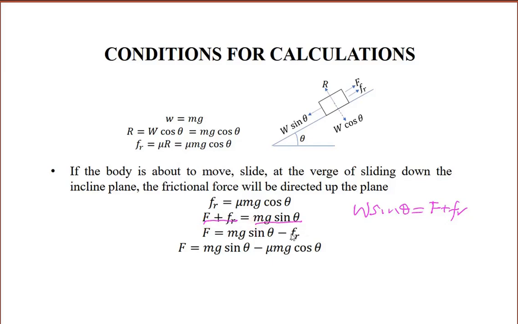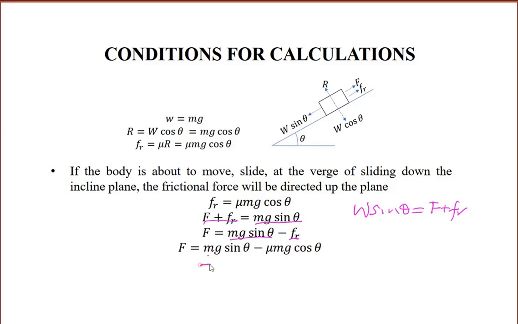Mg sine theta. Now, if we make the force applied the subject of the formula, we will have Mg sine theta minus frictional force. But frictional force is mu Mg cos theta. So we have Mg sine theta minus mu Mg cos theta.